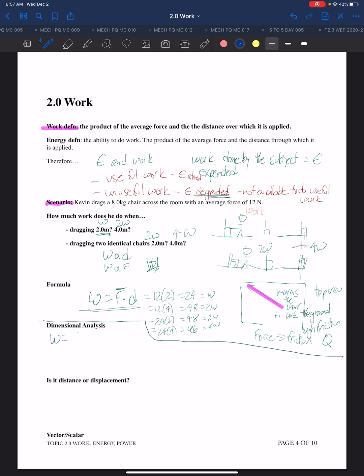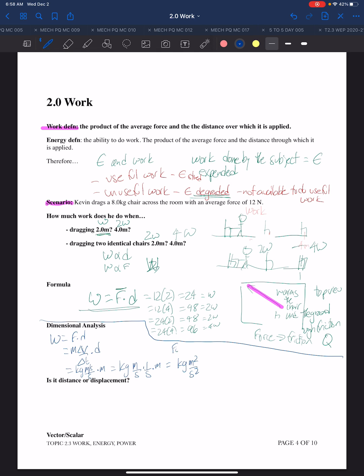So we have work is force times distance, and force is m delta v over delta t, times the distance, and that then is units of kilogram meters per second times meters, which is kilogram meters per second times 1 over seconds times meters, which we can see a little more clearly is kilogram meters squared per second squared.